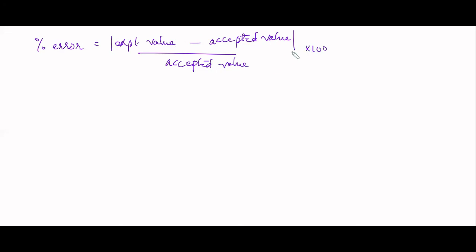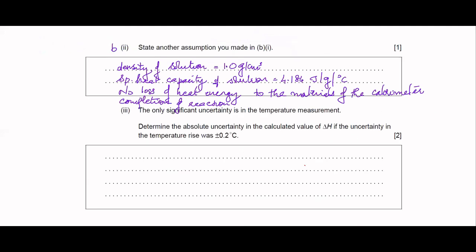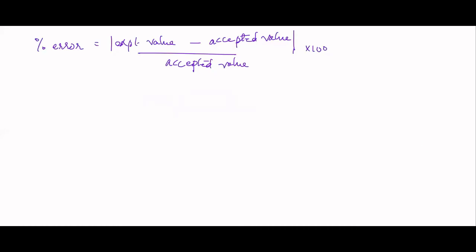So this is the formula to calculate percentage error. In the question itself, it is given that the uncertainty in the value is plus or minus 0.2. So now this portion has been given in the question. It is given to be 0.2.